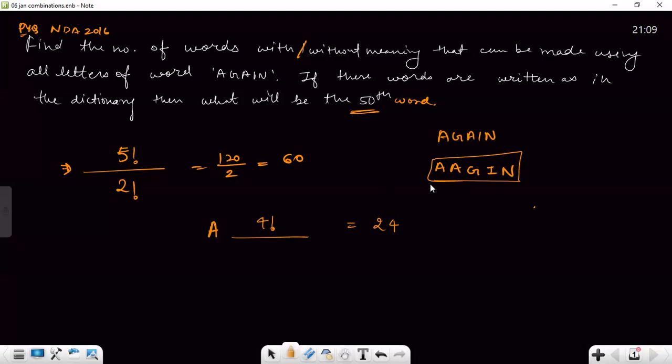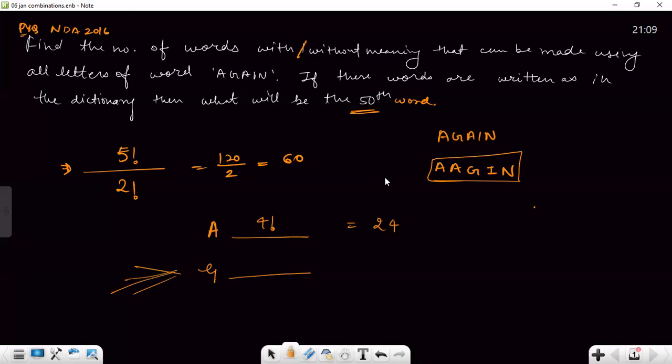Okay. Let's go to the next letter then. After A, then comes G. Then how many letters are left? 4 places are left and 4 letters are left. Now this time, what letters are there to be filled? 4 choices do we have?